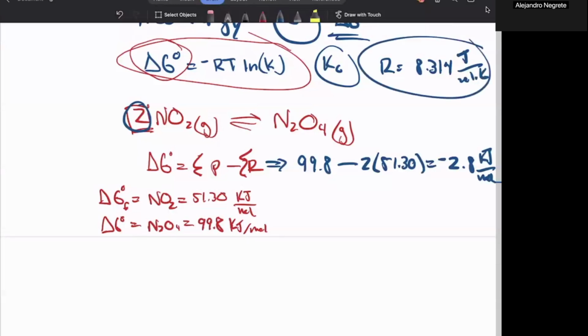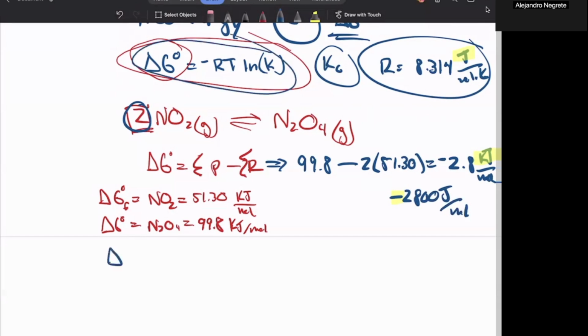Our constant is in joules, but our answer in free energy is in kilojoules. So I'm going to rewrite this as minus 2,800 joules per mole, because we do have to rearrange this equation here.